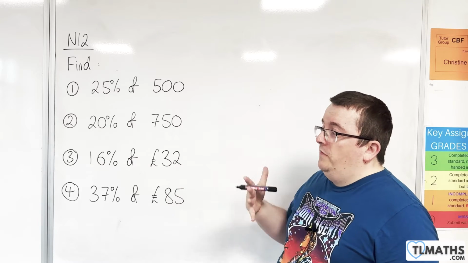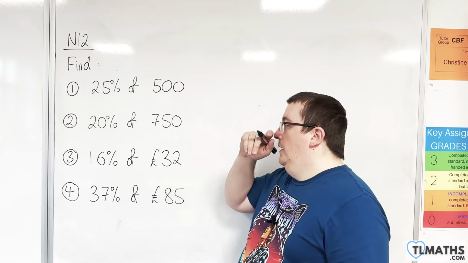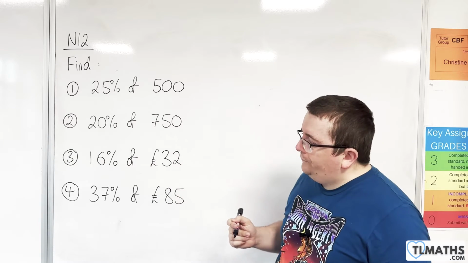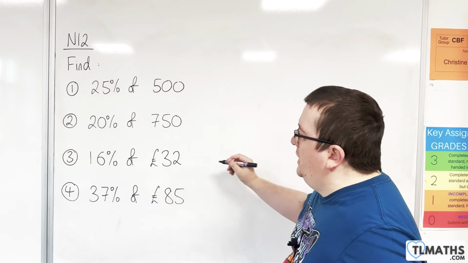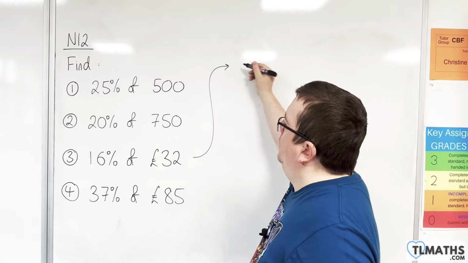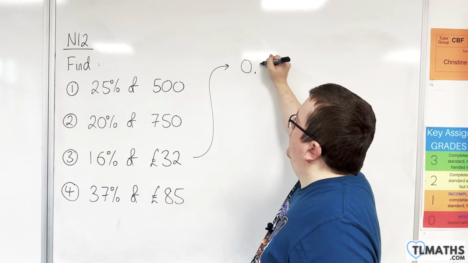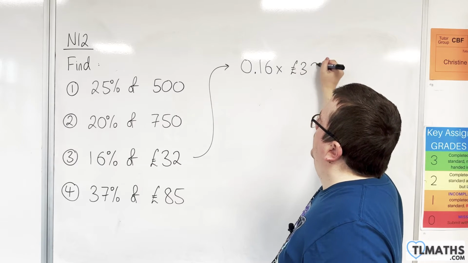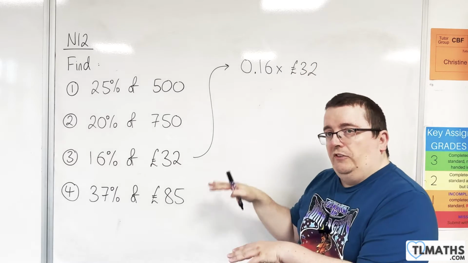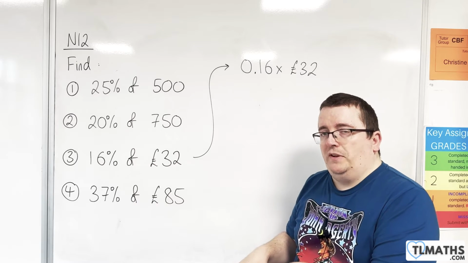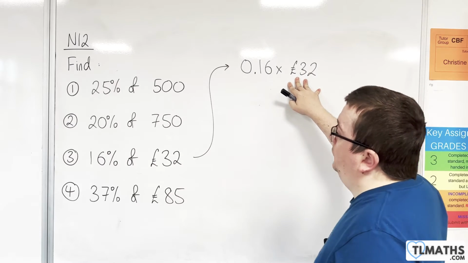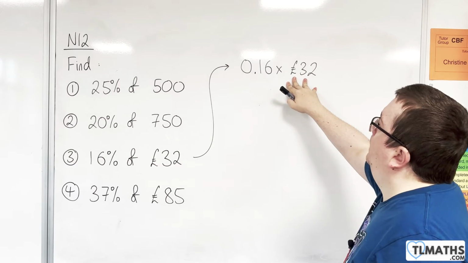So divide by 25 and times by 4. I don't think many people are going to tackle it that way. I would anticipate that the majority of people would think of this as either 0.16 times £32, or break the 16% up into separate percentages and add them all together. So I'm going to do it the decimal way first and then show the breaking up.